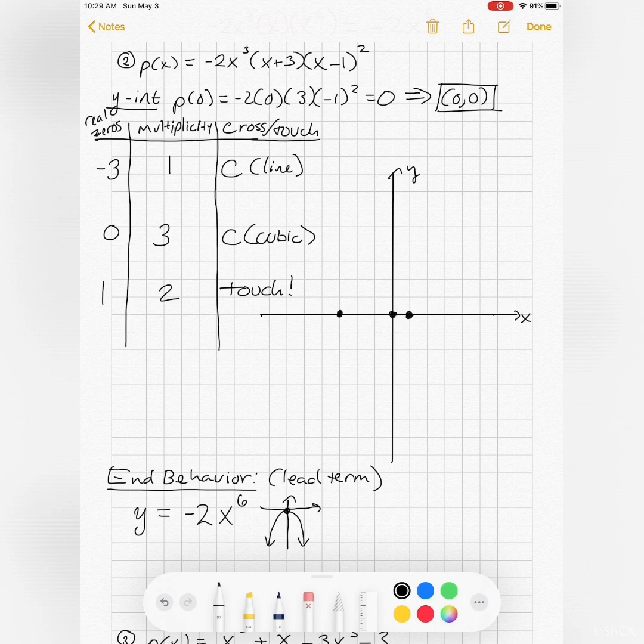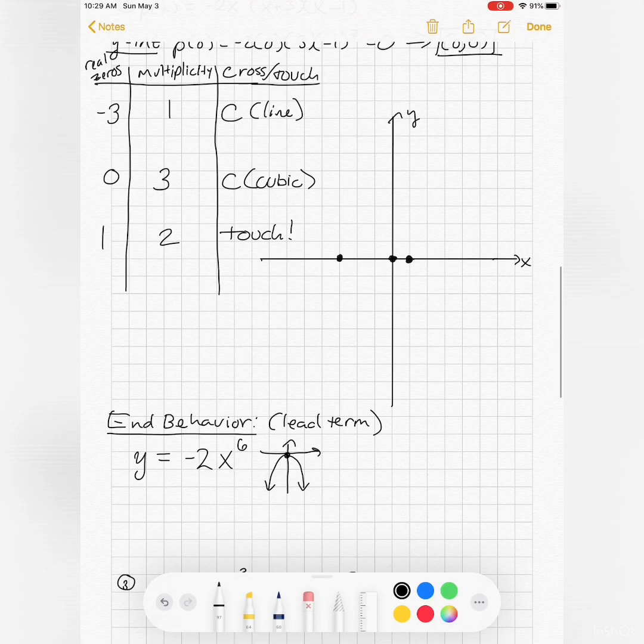The 2 is a vertical stretch, but as far as what happens with the ends, I'm not all that interested in that. I'll include it, it's part of the leading term. So as x goes to infinity, y goes to negative infinity. As x goes to negative infinity, y goes to negative infinity.